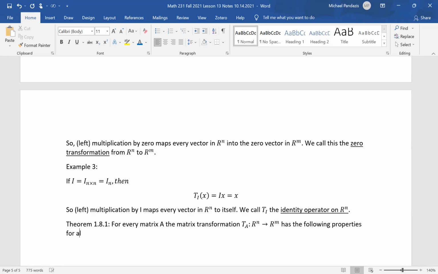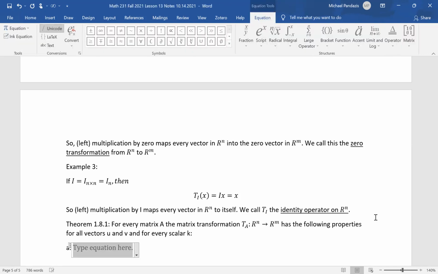For all vectors u and v, and for every scalar k. A, T sub A of 0 is equal to 0.